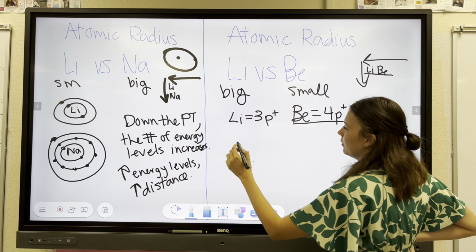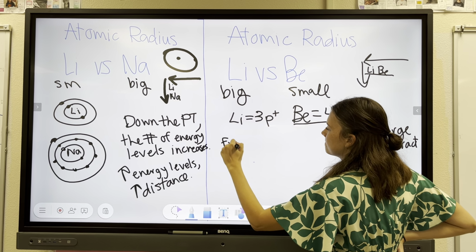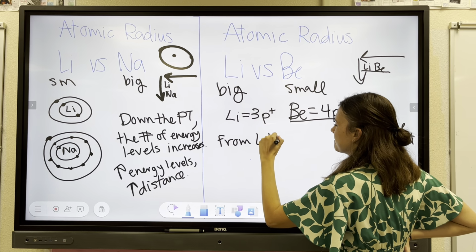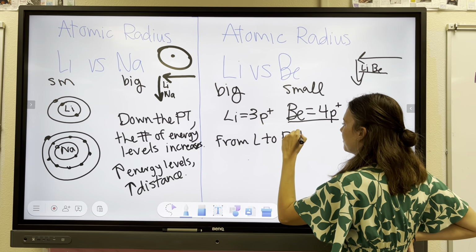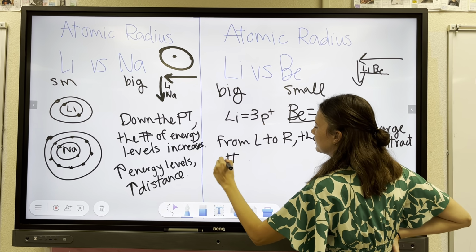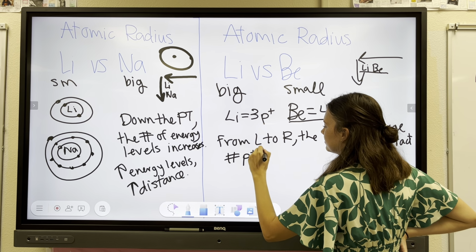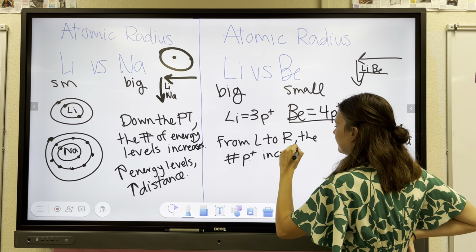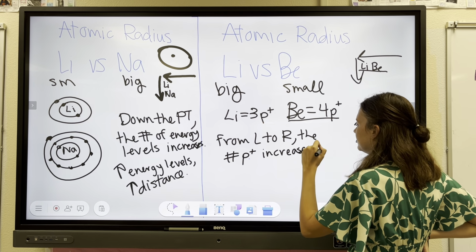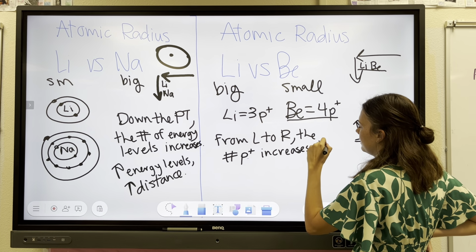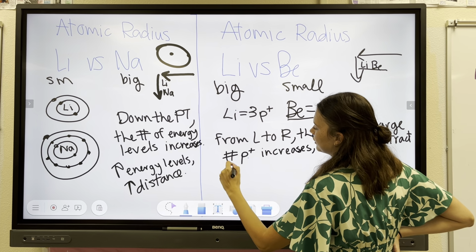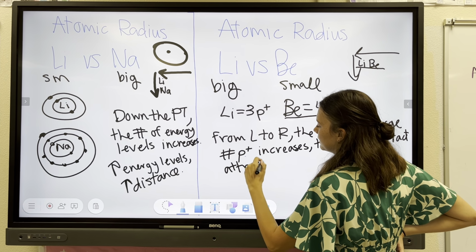Okay, so from left to right, the number of protons increases, which means the attraction increases.